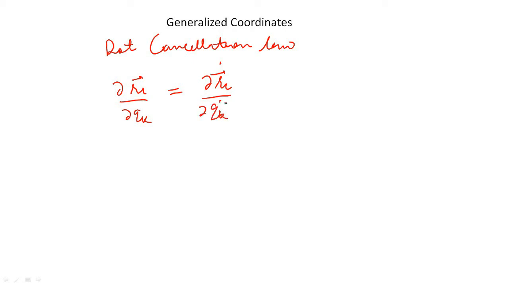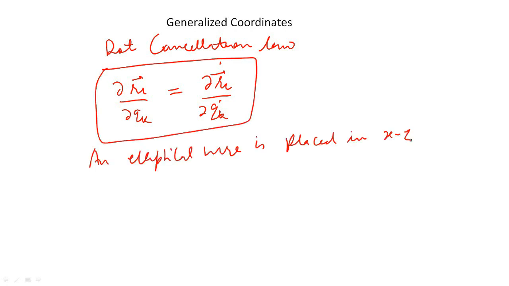Here r_i is the position vector of the ith particle and q_k is the generalized coordinate. Now we will prove it by taking an elliptical wire placed in the xz plane.